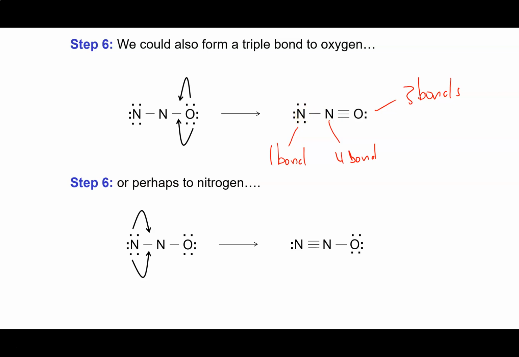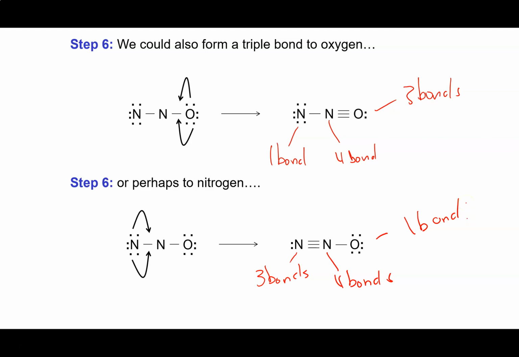The third way of doing it would be to bring in all 4 electrons from the nitrogen end of the molecule. So we would end up with this structure where we have a triple bond between the 2 nitrogens. Then this one is happy because he's got 3 bonds. This one's unhappy, he's got 4 bonds. And this one is unhappy because he wants 2 bonds, but he's only got 1 bond.